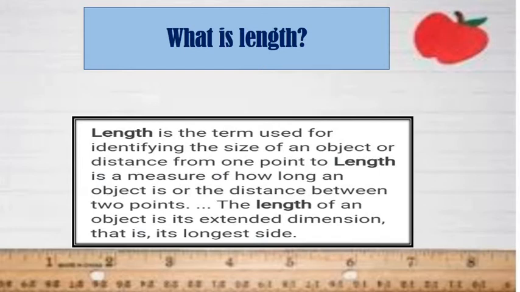Length is a measure of how long an object is, or the distance between 2 points. The length of an object is its extended dimension, that is, its longest side.